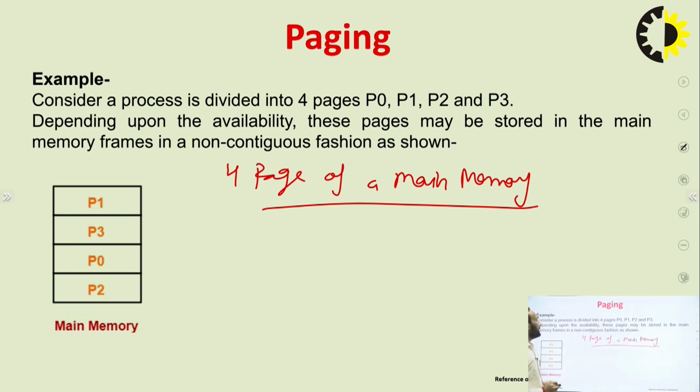Consider a process divided into 4 pages, P0, P1, P2 and P3. Depending upon availability, these pages may be stored in main memory frames in a non-contiguous fashion as given.